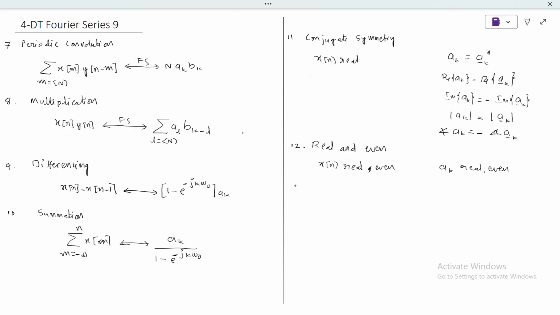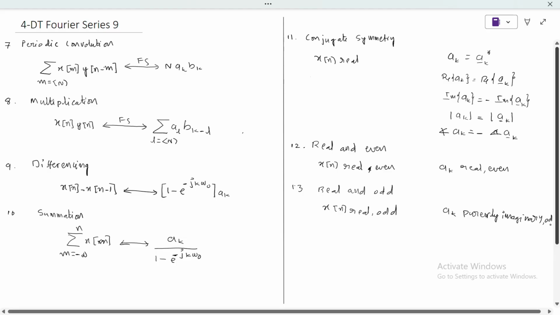Next, real and odd. Now the signal is odd, so ak changes from real to odd: ak is purely imaginary and it is odd.